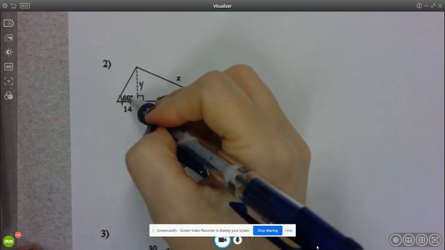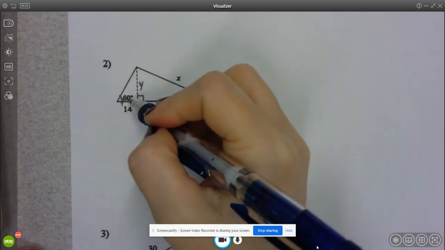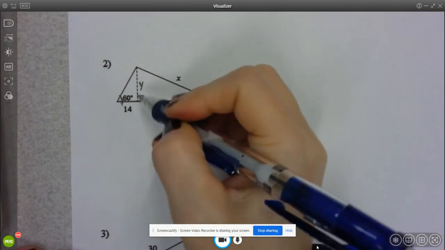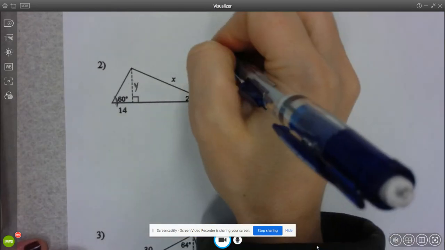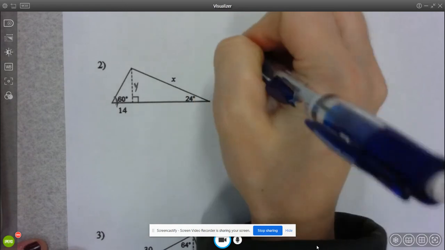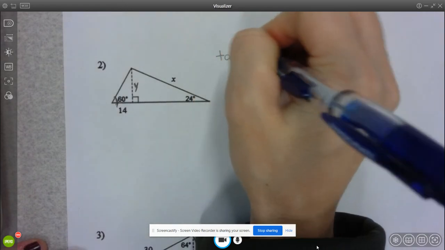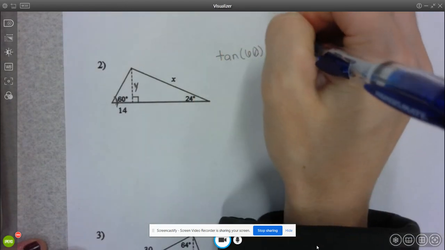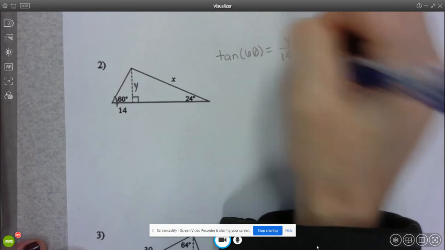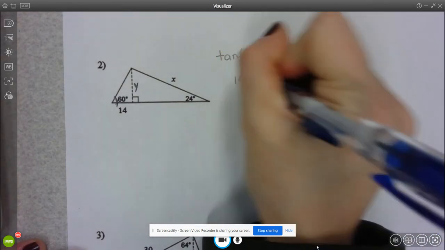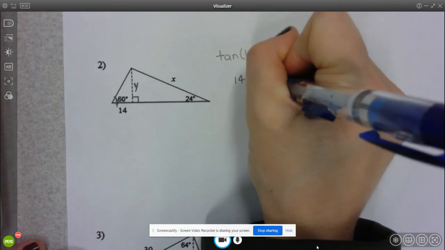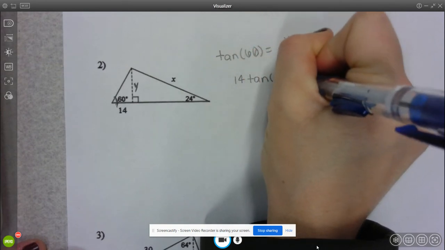So in terms of angle 60, Y is the opposite, 14 is the adjacent. That means I'm dealing with tangent. So multiplying by 14 on both sides tells me I'm doing 14 times the tangent of 60 to get Y.